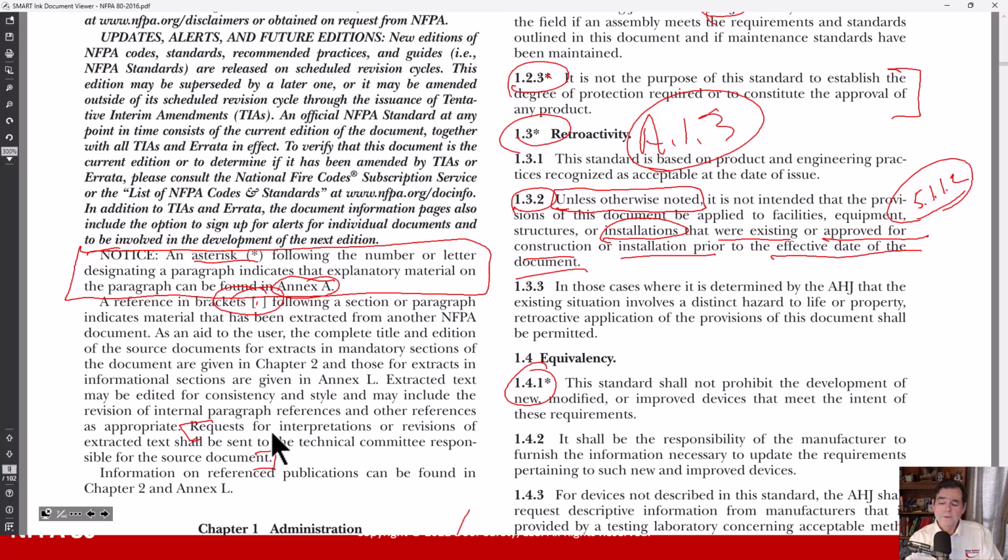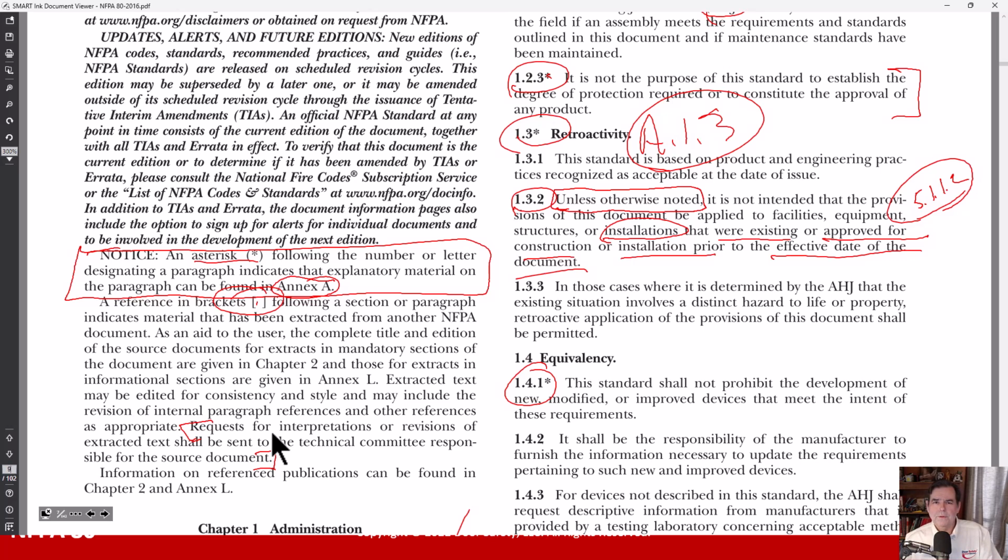There are those who understand that these standards are only supposed to be applied going forward, right? So initially, when the 2007 edition of NFPA 80 came out, there were those that said, well, I don't know what the big deal is. This only applies to new doors going forward.